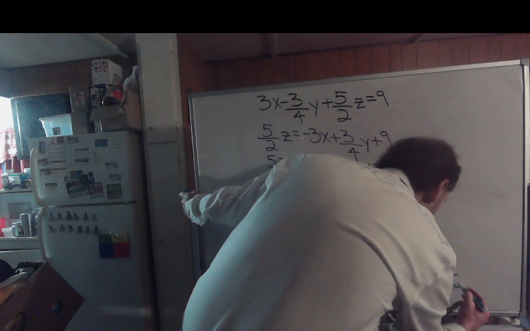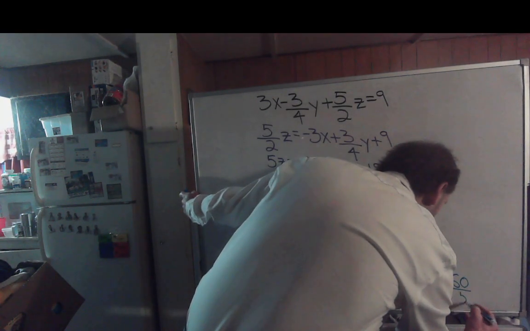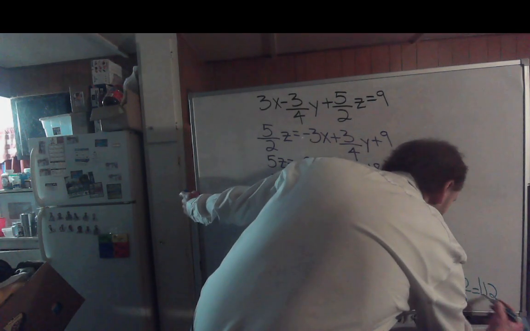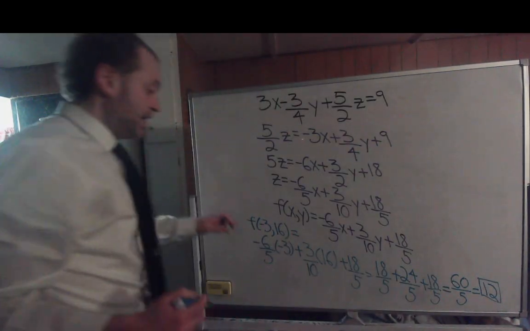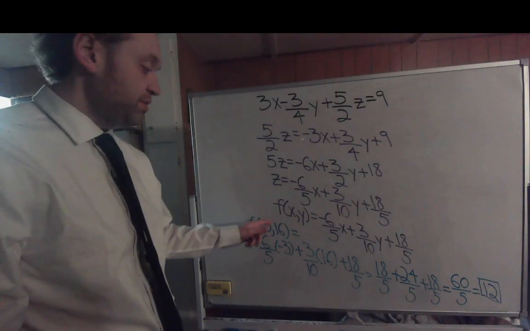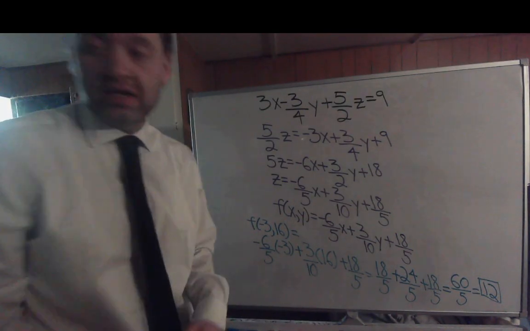That gives you 60/5, which is 12. So f of (-3, 16) ends up being 12. That would be your z value when x is -3 and y is 16.